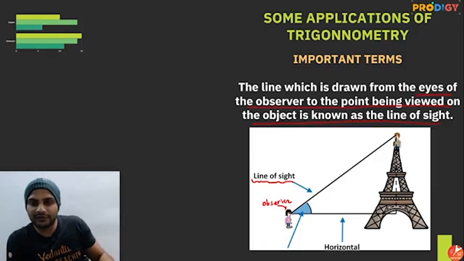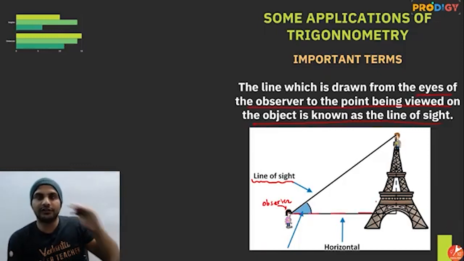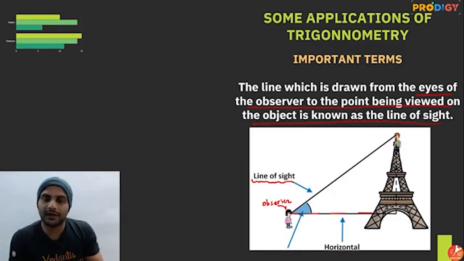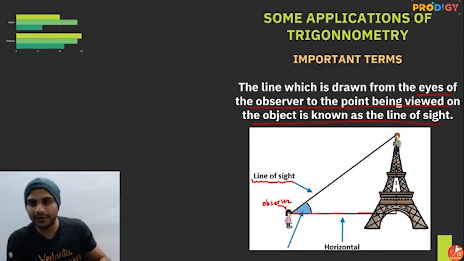Also, from the eyes of the observer, we also draw one horizontal line. Horizontal line means this is going to be parallel to the ground. Now suppose this is my observer, and he is looking at that girl. So again, the line of sight will be from the eyes to the girl.